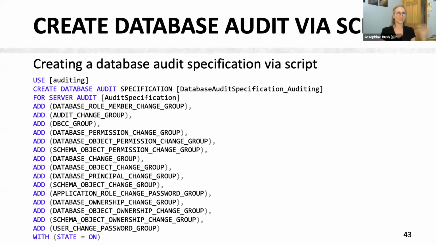How'd you catch that? So I don't always audit every database. I don't always catch that, but I'm not that worried about DBCC. Anyway, again, you set it on, so it's ready to go. This I would not use unless I was doing one-off database auditing, because I'm most likely doing all this stuff at the server level already, so I don't want that duplicate auditing.